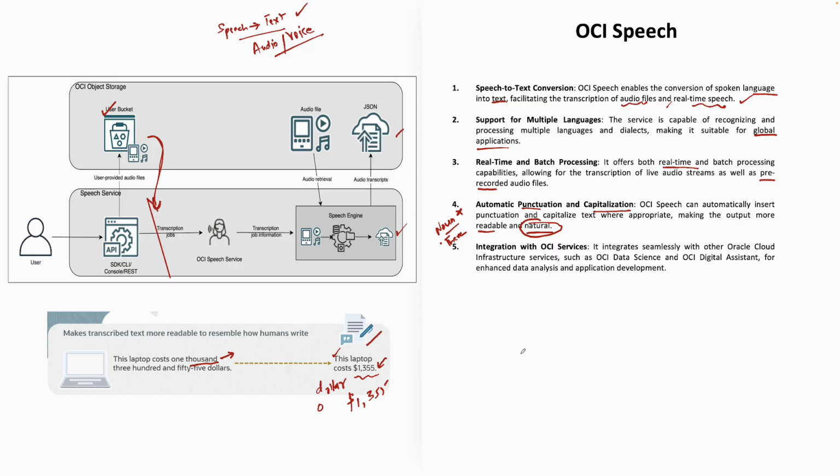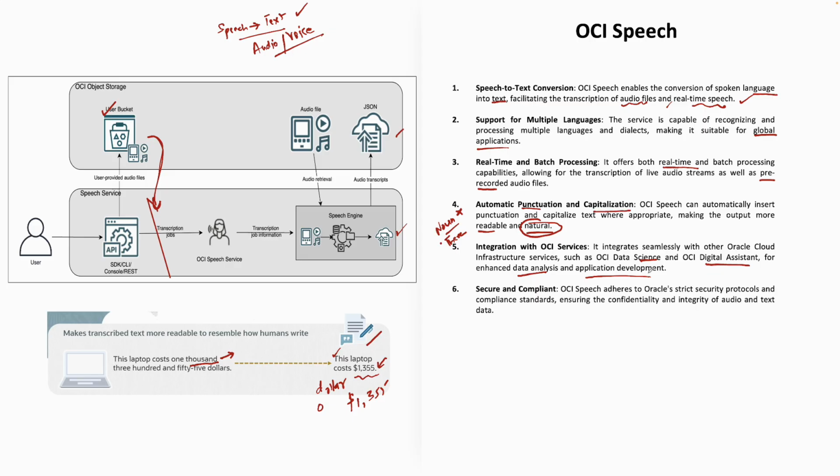Good. So as we saw with the OCI Language service, the OCI Speech service also integrates with various key OCI services such as OCI Data Science and OCI Digital Assistant for enhanced data analysis and application development. Speech to text is one thing, but what if you want to do more analytics? You can always use Oracle Integration Cloud, you can use Oracle Data Science services, you can do a more enhanced level of data analysis and application development.